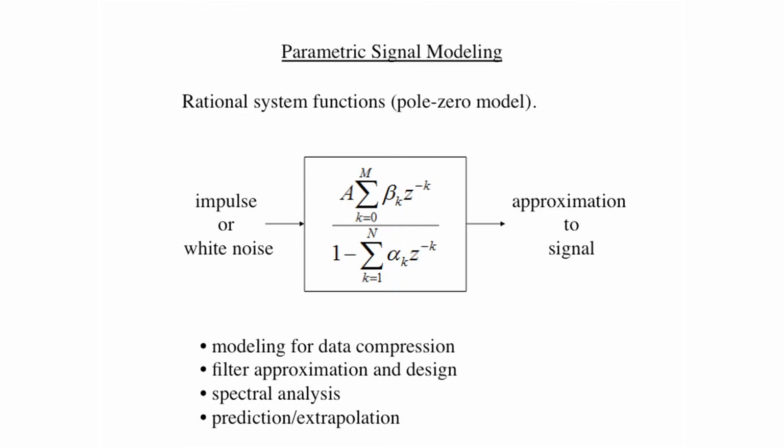So, I'm going to phrase it mainly in terms of the impulse response of a pole zero system, and mainly, initially at least, in the context of approximating a given signal. Now let me just point out, as I did in a previous slide, that there are lots of different contexts in which you would want to do this.